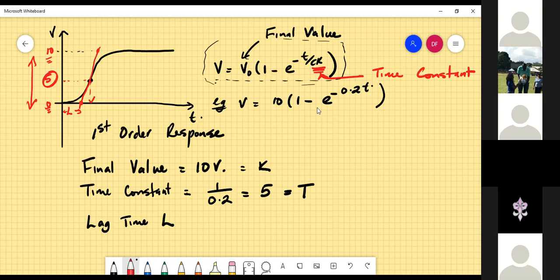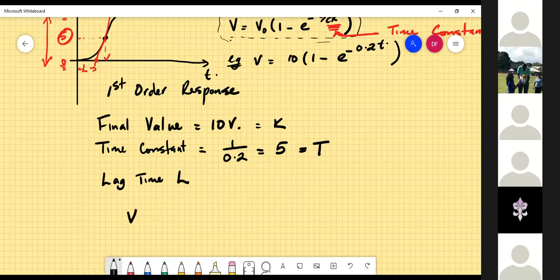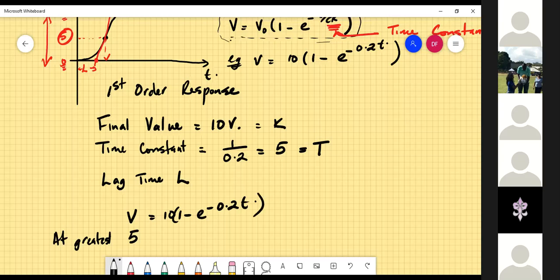All right. So here's what I'm going to do now. I'm going to put in V equals 10 times 1 minus e to the minus 0.2 t. That is not supposed to be 10e, when I expand the bracket with the 1 and a 10.